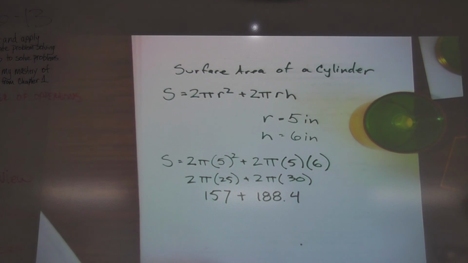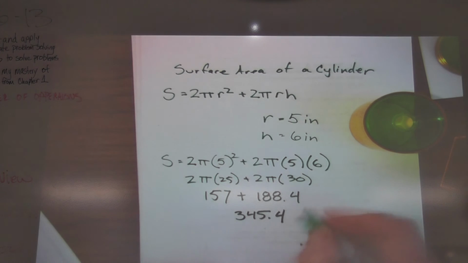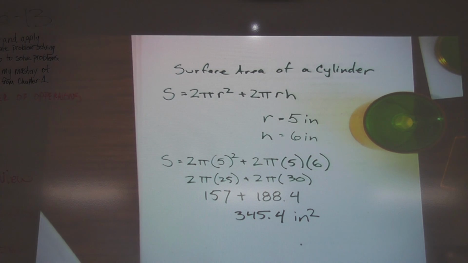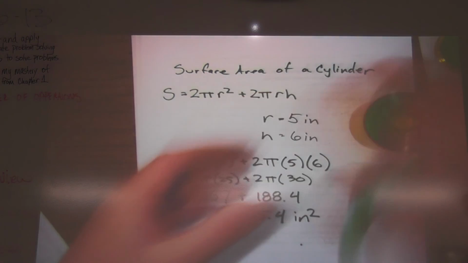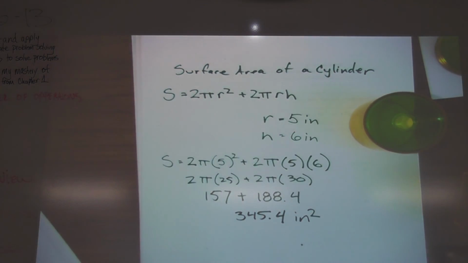Combine those, we get 345.4 inches squared. Why inches squared? Because we're dealing with area, the area that covers the outside of this figure.